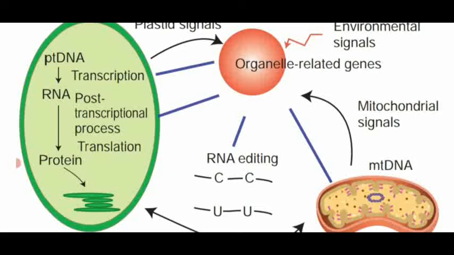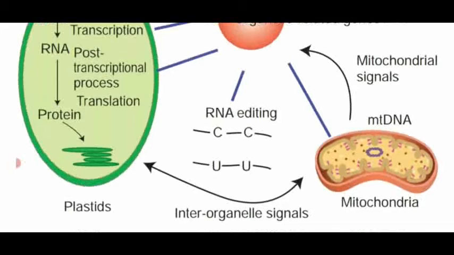So the protein is produced in the thylakoid membrane of the chloroplast with the help of the DNA present in the chloroplast, known as ptDNA, which is transcribed into RNA. So this RNA, by the process of translation, produces the protein.